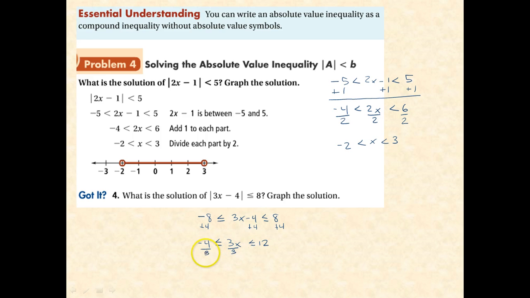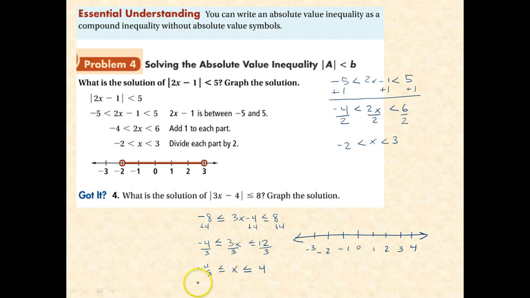Divide by 3. And I get negative 4/3 is less than or equal to x, which is less than or equal to 4. If I was going to graph that, which I am, 0, 1, 2, 3, 4, negative 1, negative 2, negative 3.